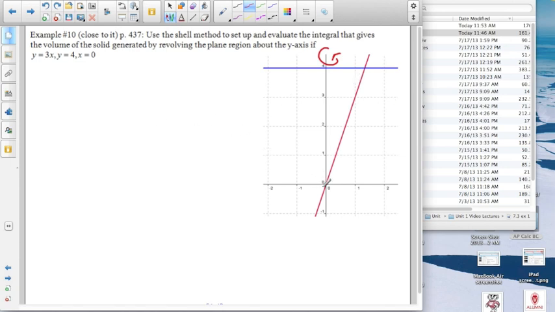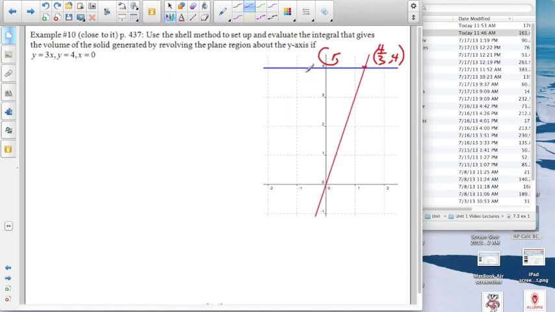And you might notice that the height of this is 4, and the radius here looks to be about 1 1/3. I'm willing to guess if we set those two functions equal to each other, we'll get a point out here that is, I believe, 4/3, 4. And so you could use geometry again to solve this.